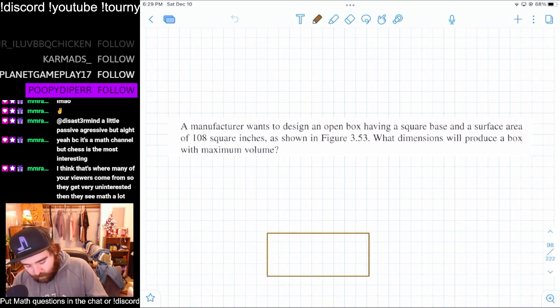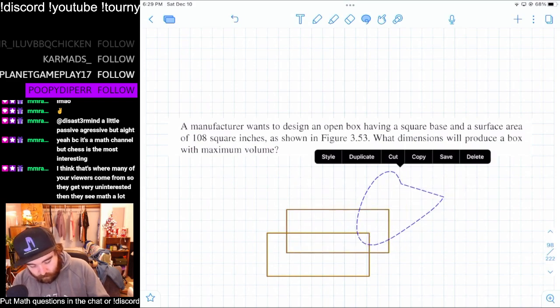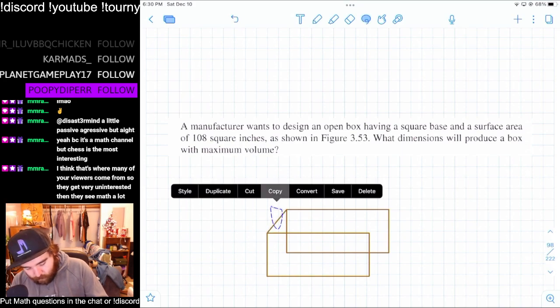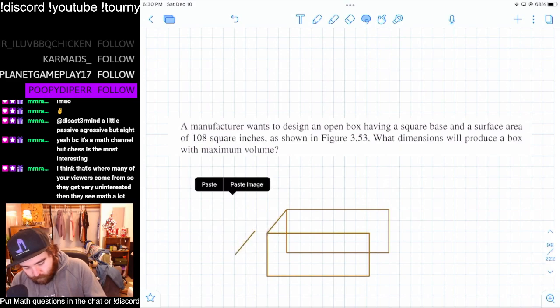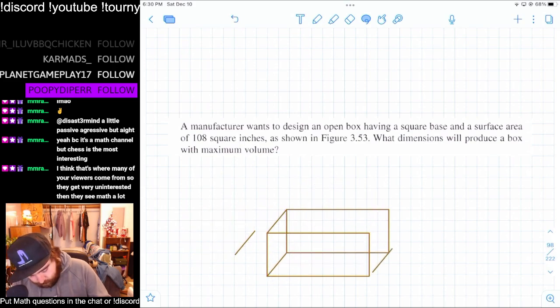So we draw a box. I draw another box. And there's our box. Beautiful.